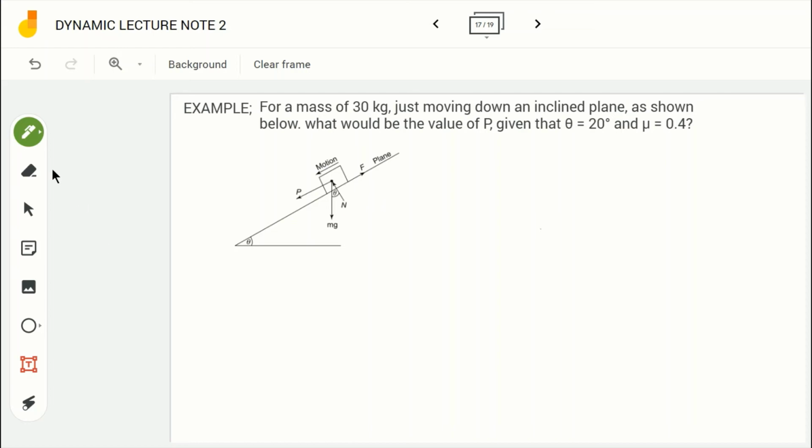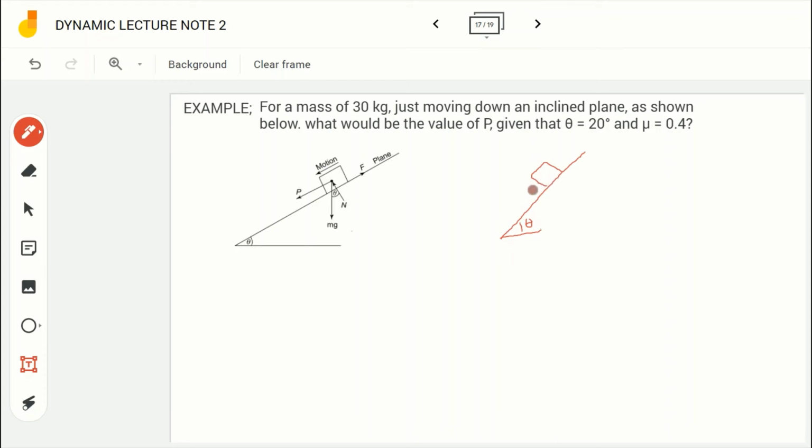Now the first thing I do is to draw this diagram so I can resolve my mg. So I will draw the diagram again. Here's my theta. Right here is the body.